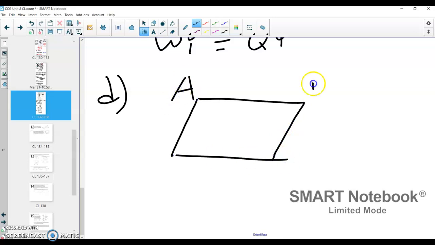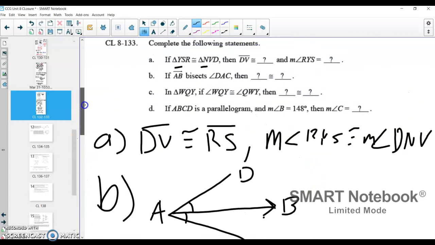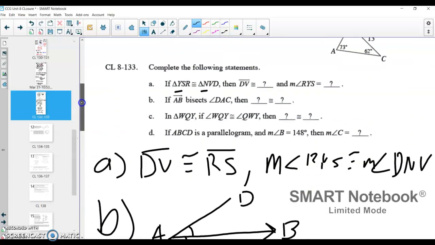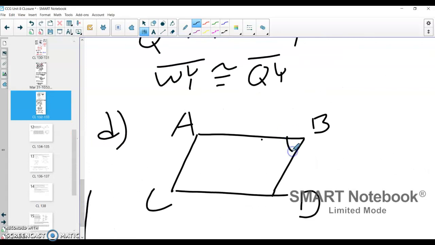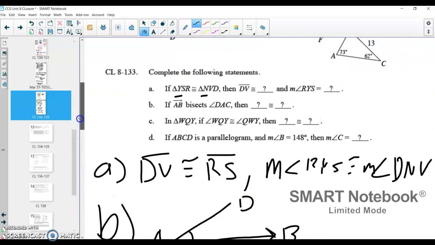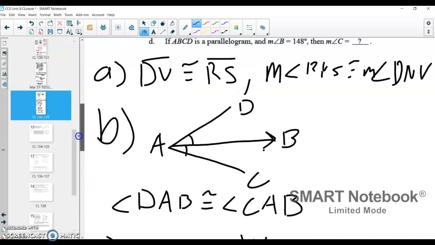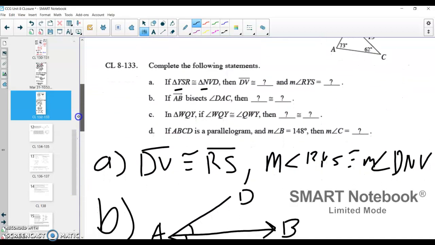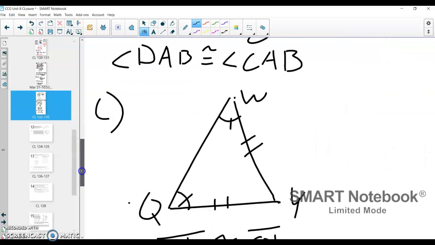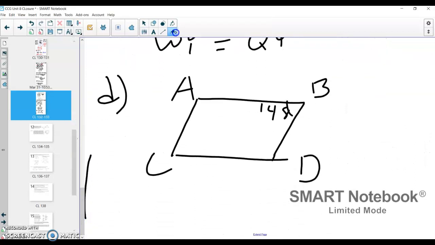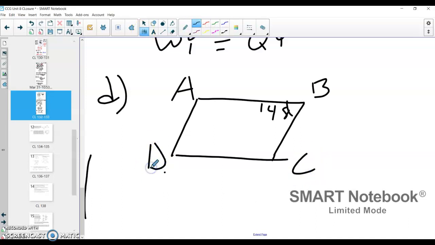This is A, B, C, and D. They're telling me that angle B is 148 degrees, and they're looking for what is angle C. Oh, I labeled this wrong. My bad. Sorry. This is going to be written like this instead. This is A, B, this is C, this is D. I just wrote it wrong.